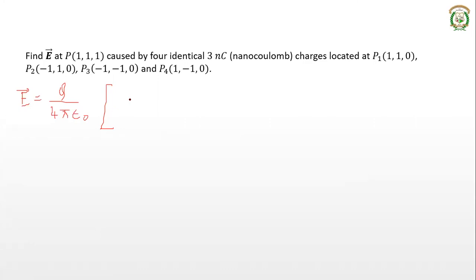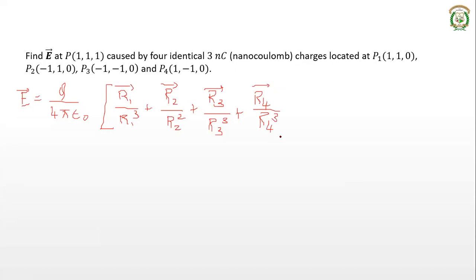So we can write it as R1 by R1 cube plus R2 by R2 cube plus R3 by R3 cube plus R4 by its magnitude cube. So we have got all this.